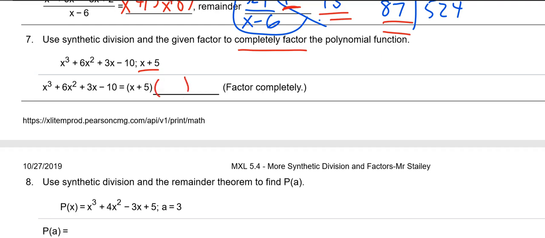So when we get done, we'll have 3 total factors. What should I put in here in the box from the x plus 5? Answer, negative 5, right? So our coefficients are 1, 6, 3, negative 10.